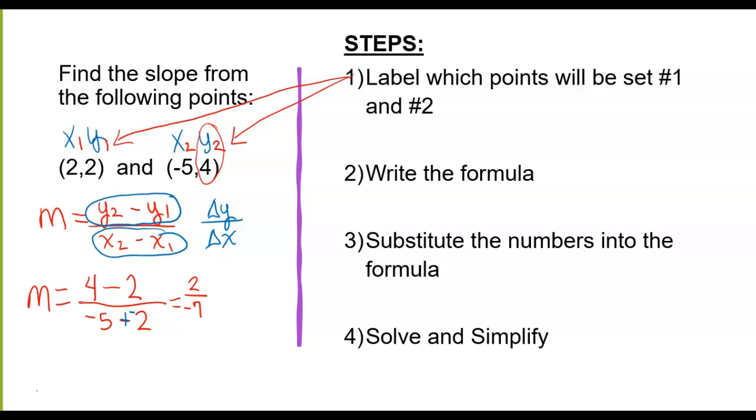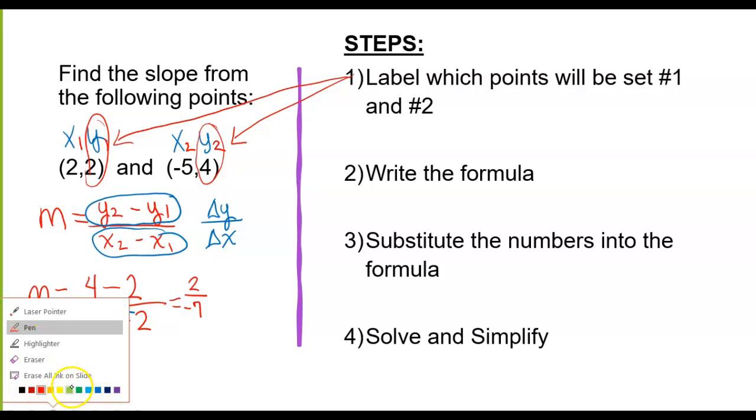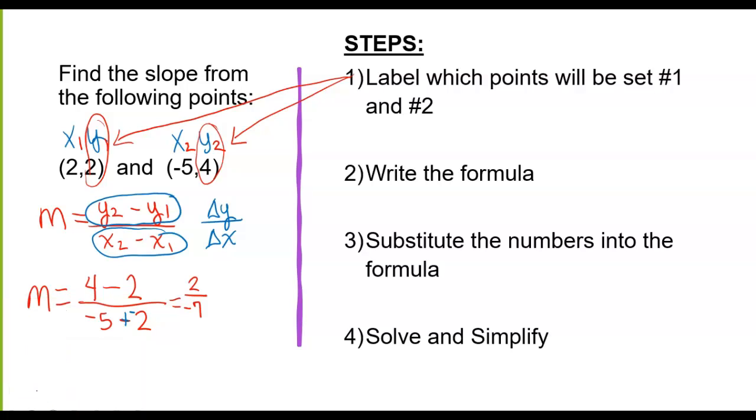Yes? You did y2 minus y1. Y1 is right here. Oh, they just so happen, y1 and x1 were the same number. So let me get some highlighters here. Let me show you.